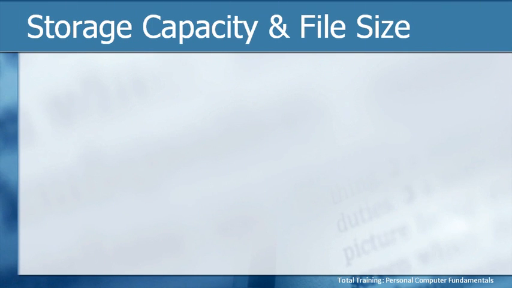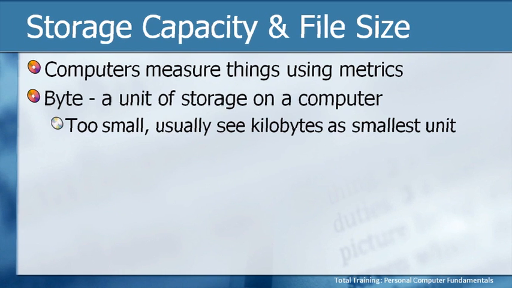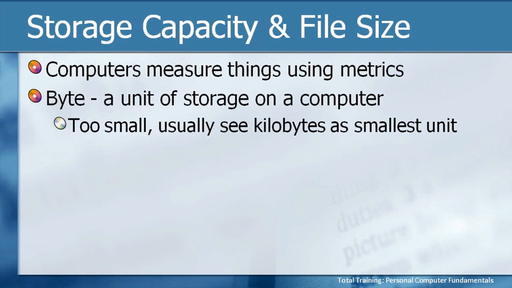Now, I know sometimes when you're talking to people or you're reading things, it gets kind of confusing about all of these giga, mega, tera things that we hear about, what's a bit and what's a byte. We're not going to get into all of the details because that's a fairly technical discussion. But just remember that computers measure things using them. One that you will hear an awful lot of is something called a byte. A byte is simply a unit of storage on a computer.